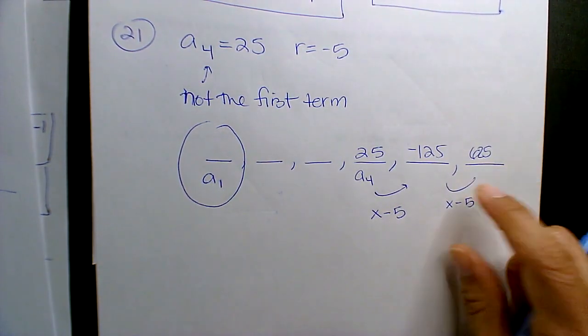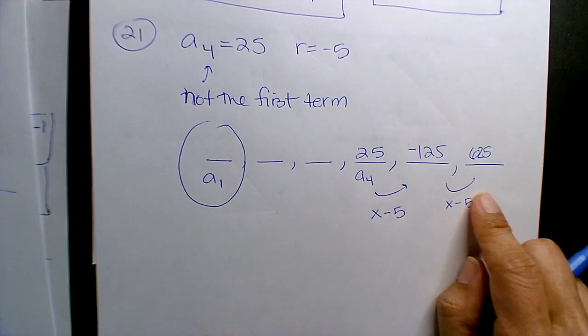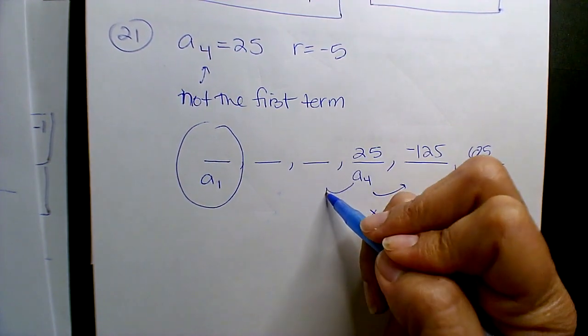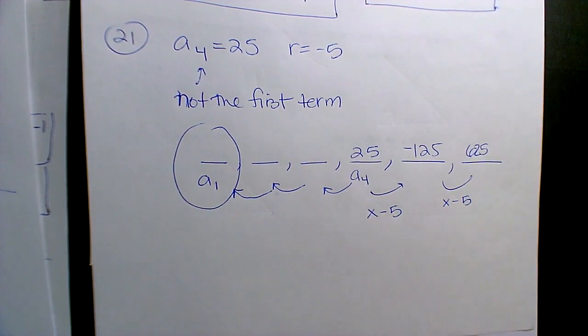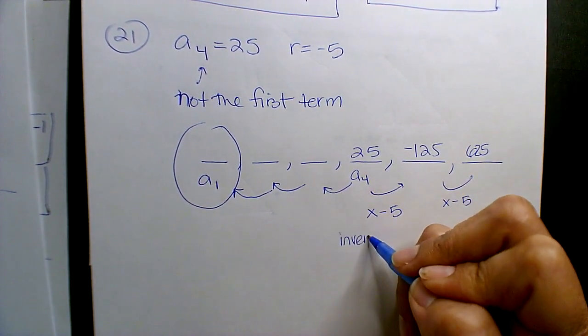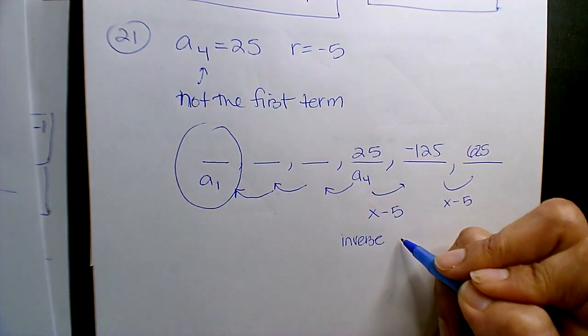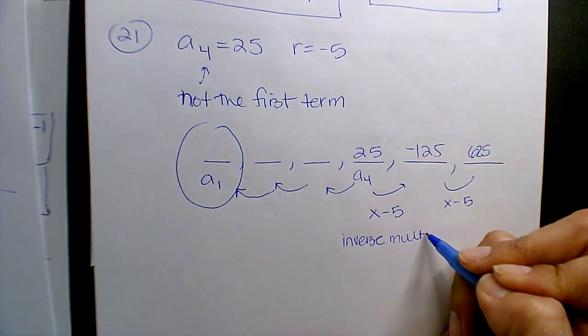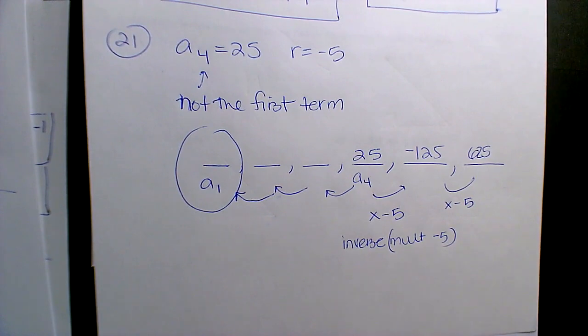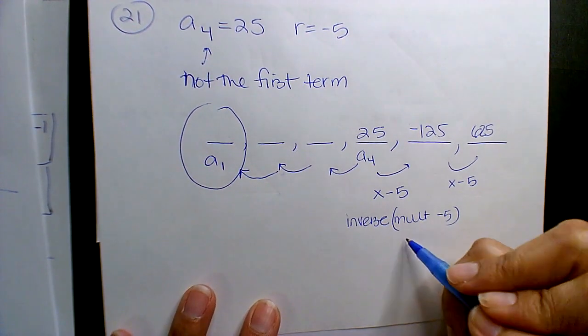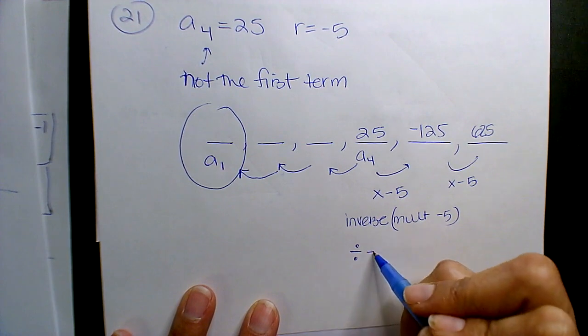Okay, so if you're multiplying by -5 forward, what am I doing backwards? What's the inverse operation? What's the inverse to multiply by -5? Divide. Okay, so you can then say, I'm going to divide by -5.